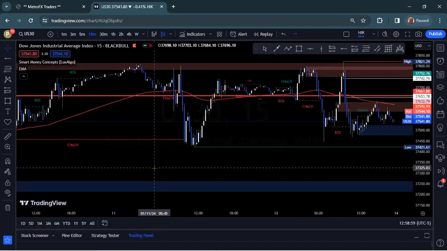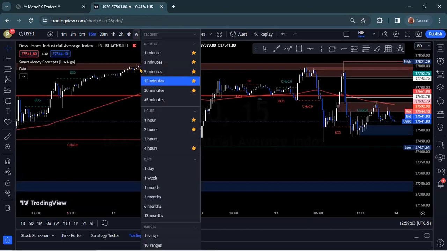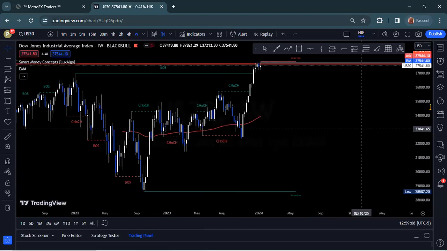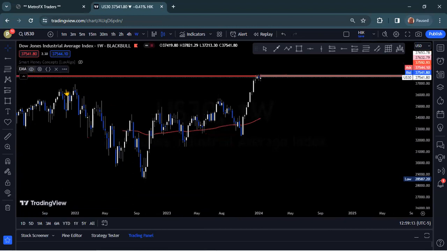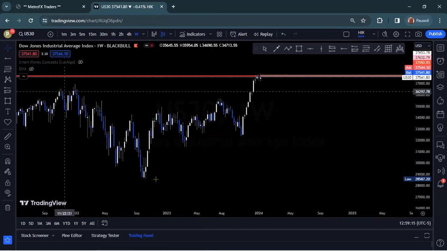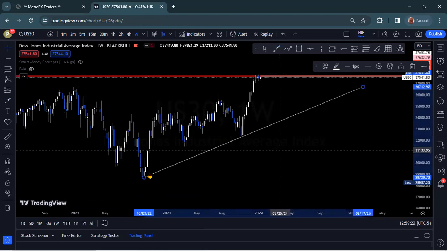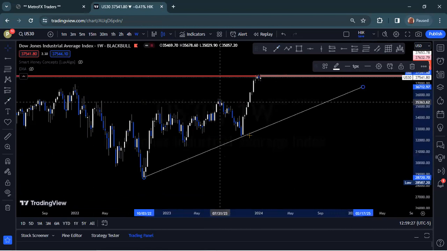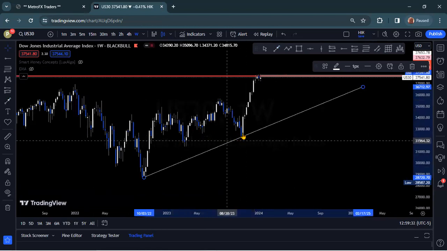Okay. And again, recap, you go to the weekly and you look at the trend. We're going to take out all these indicators and just do a naked chart, and take our arrow and do one of these numbers. There's a high, lower high, higher high, lower high, because this low is higher than this low, and then we got a higher high.